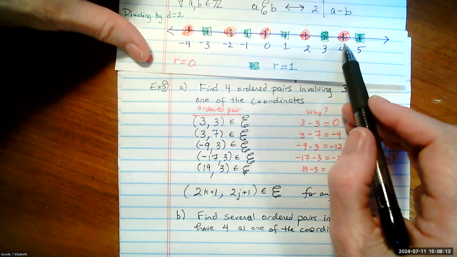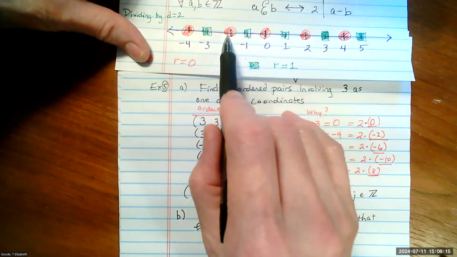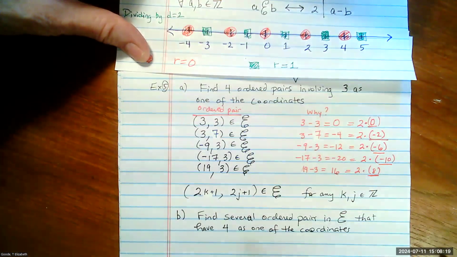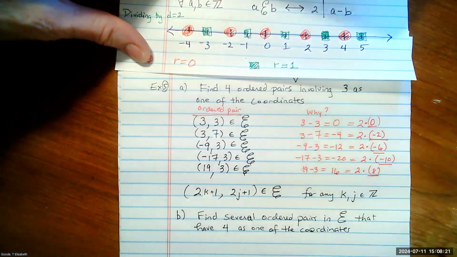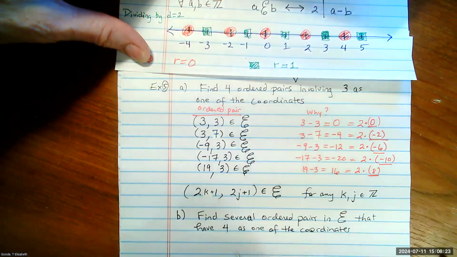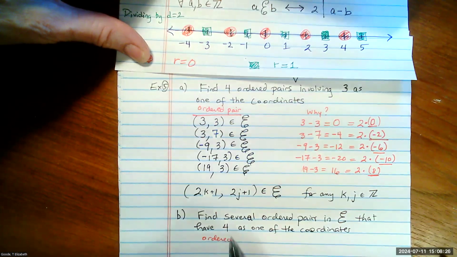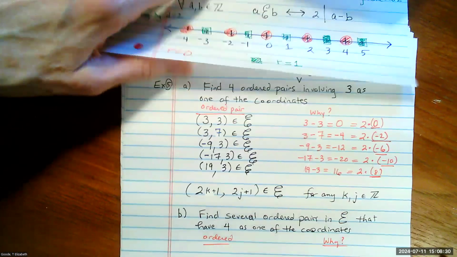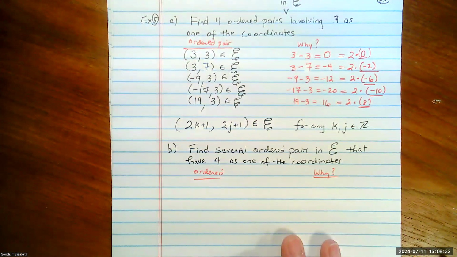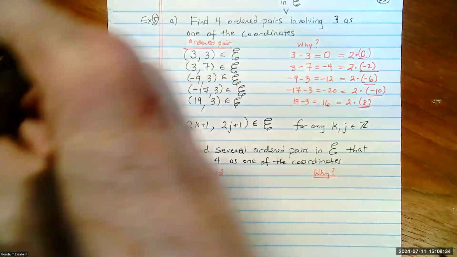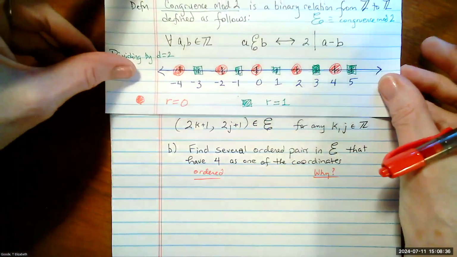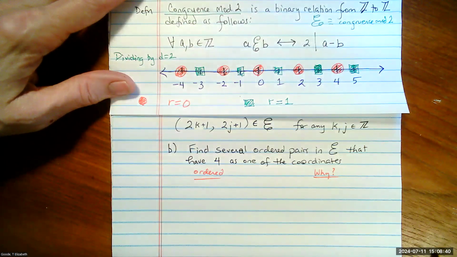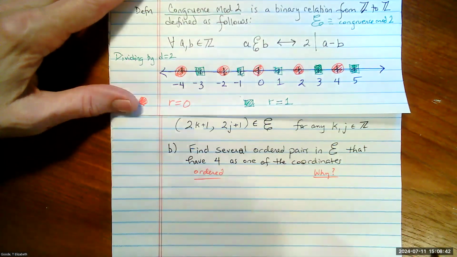It's an even number, and it's going to be related to any of the other even numbers that we see here or that don't appear there because they're too far down the number line. But you can certainly pick as many or as few as you feel like. I'll just do a few here because I think we're getting the drift. I just want to keep this definition where we can see it. So we want 4 to be one of the coordinates.